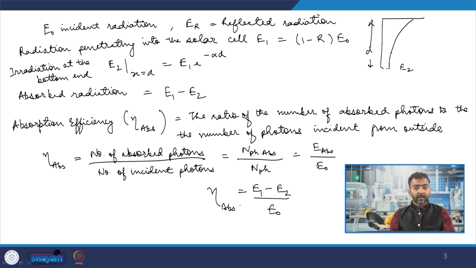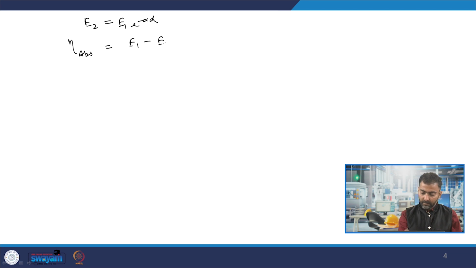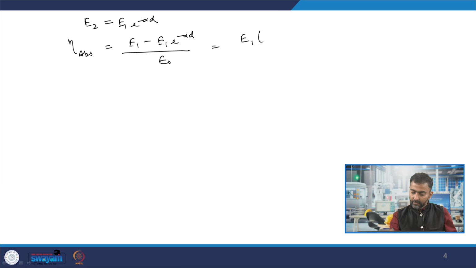However, we would like to simplify it a little more, because it is still a little vague in terms of E1 and E2. So, let us try and simplify this using this formulation. As we saw, E2 we have defined as E1 e to the power minus alpha d. Therefore, I can write eta abs in this form: E1 minus E1 e to the power minus alpha d divided by E naught, or in other words E1 times 1 minus e to the power minus alpha d divided by E naught.